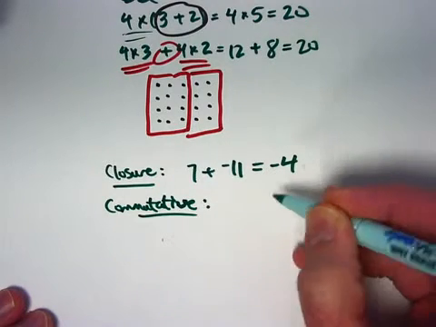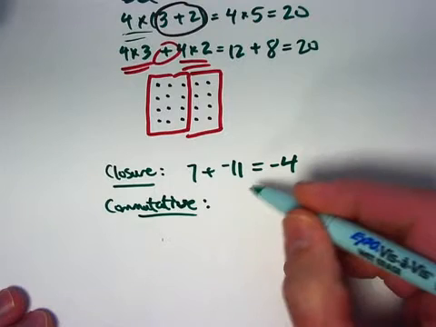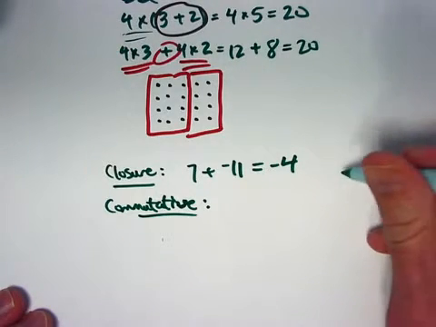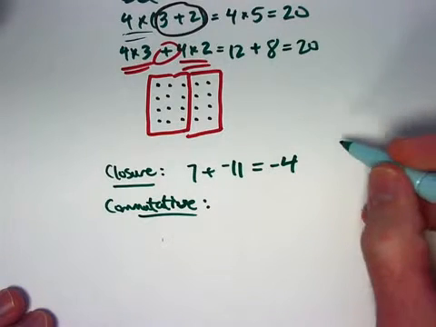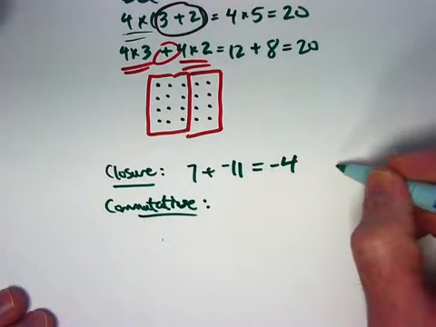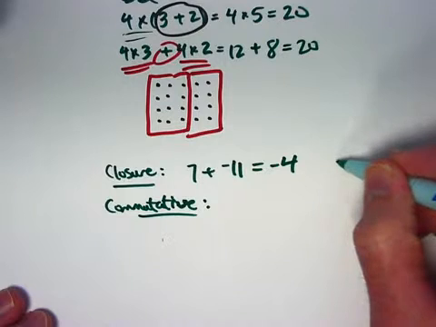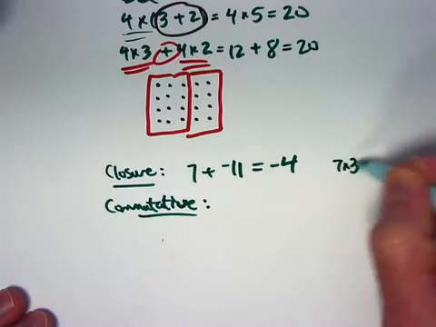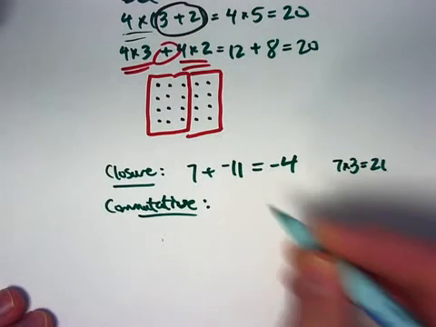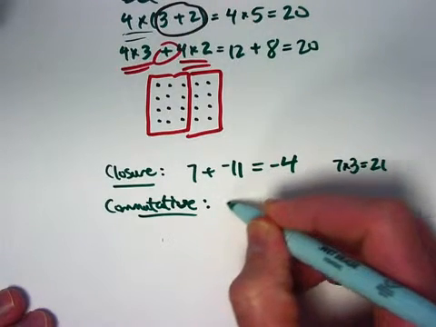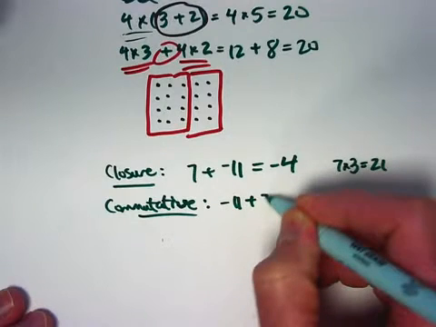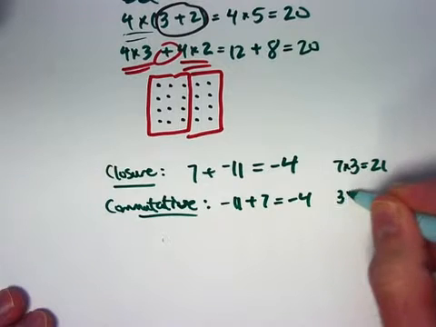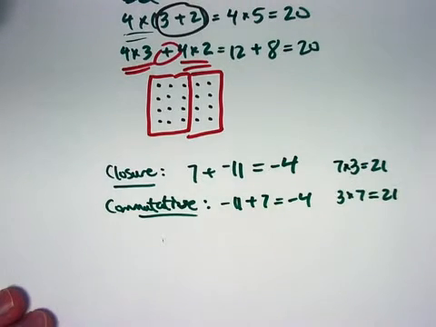And that works for addition or multiplication, as does closure, by the way. Though I haven't explained multiplying negative numbers yet. That's a subject for maybe the next video here. Closure of multiplication of positive integers, 7 times 3 is another integer. Commutative property works. Negative 11 plus 7 is still negative 4. 3 times 7 is still 21.